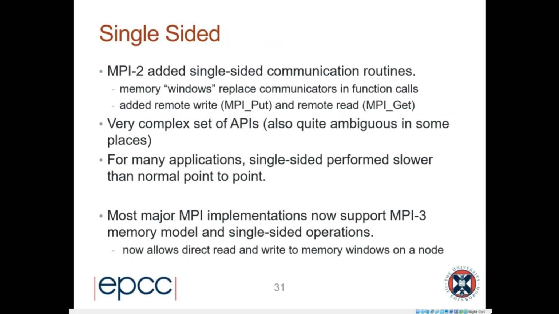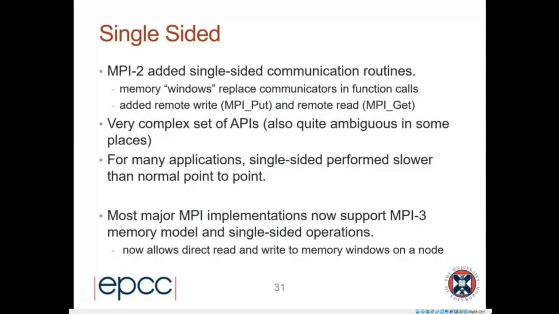MPI3 has tried to clean that up, but the most important point about the MPI3 single-sided interface is that you can directly read and write to memory windows on a node. In MPI2, you could create shared memory windows between processes, but you needed to call function calls put and get to read and write to them. That seems crazy if 2 processes are on the same node.